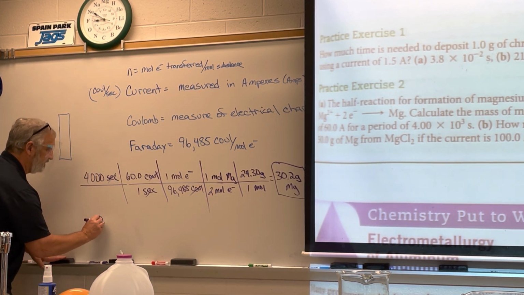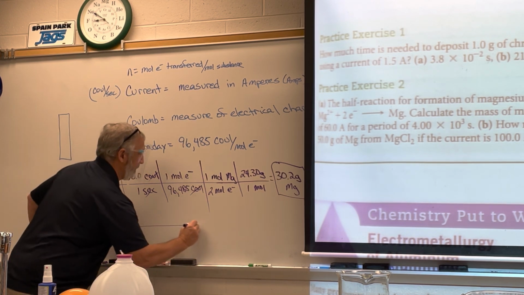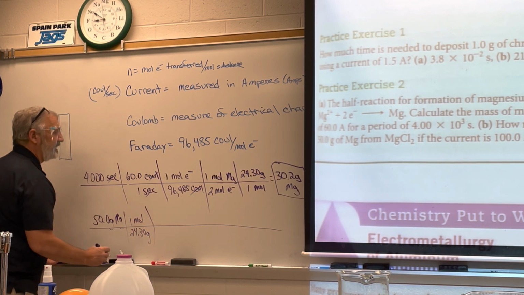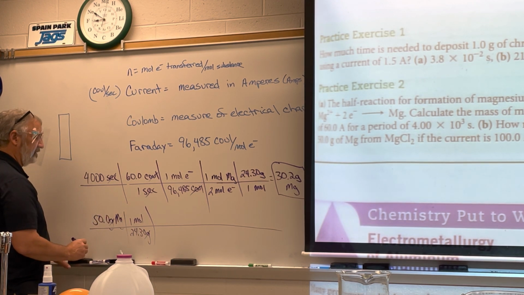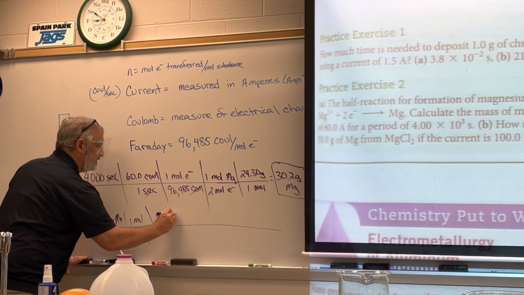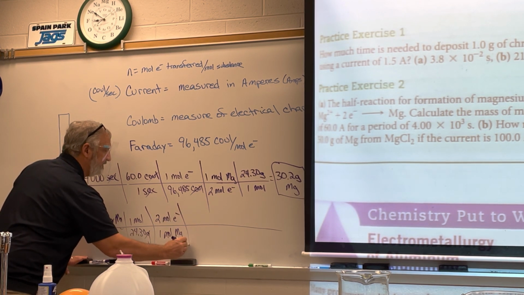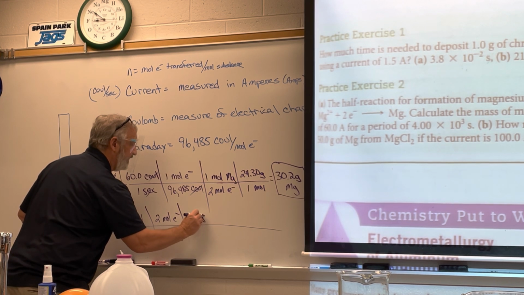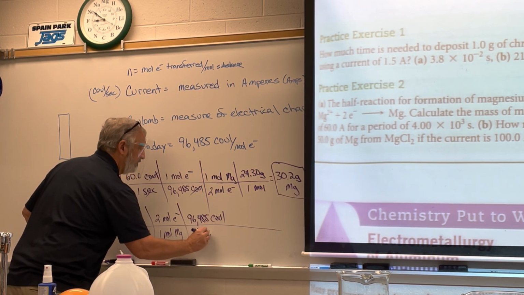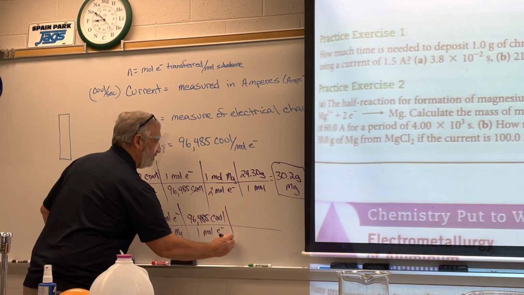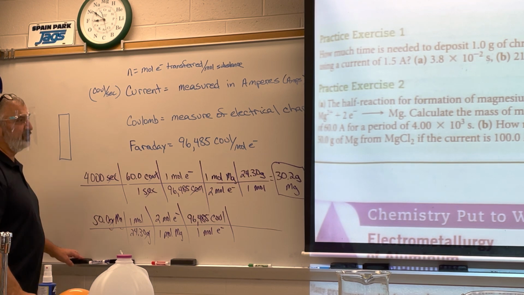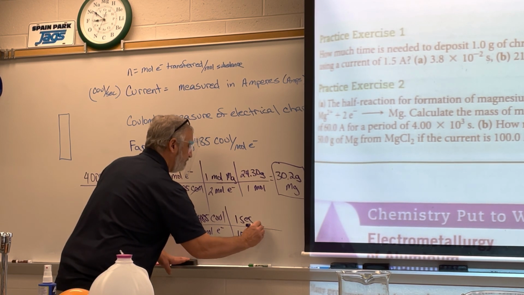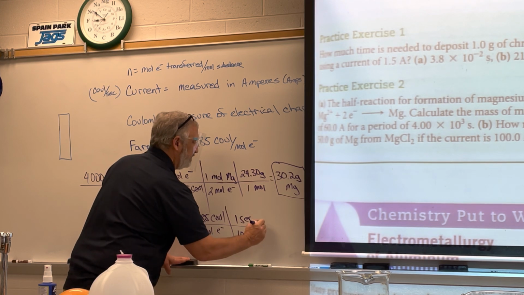So we go 50 grams magnesium, 1 mole, 24.30 grams, times what? 2 moles of electrons over 1 mole magnesium, that's my N, times 96,485 coulombs over 1 mole of electrons, times your amps, which is 100, so 1 second over 100 coulombs, and that's actually what we're looking for.